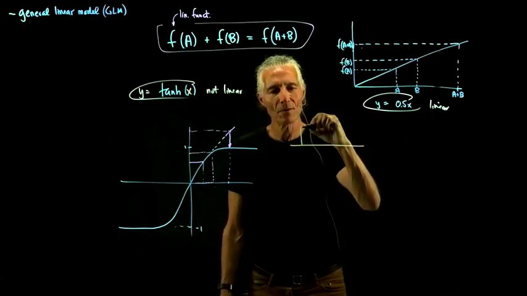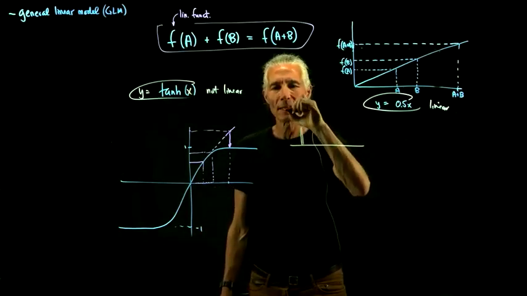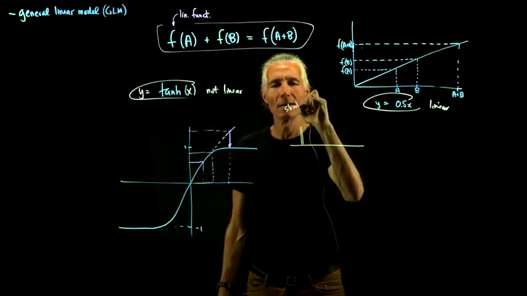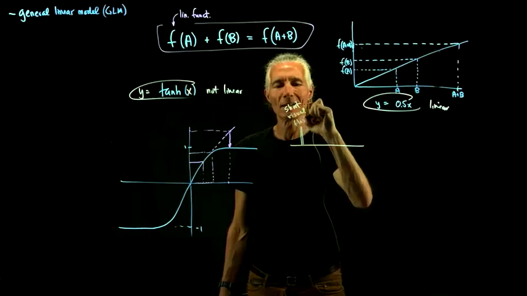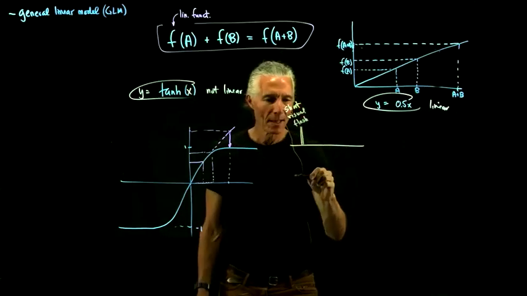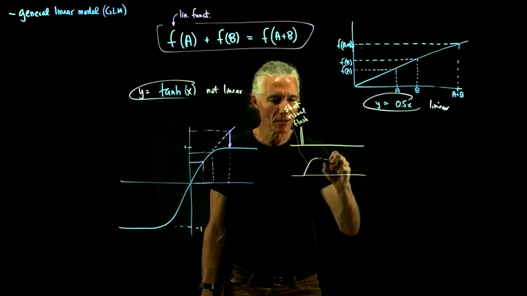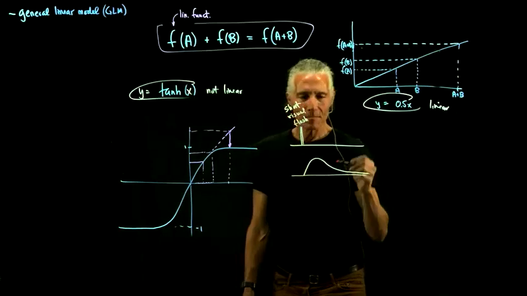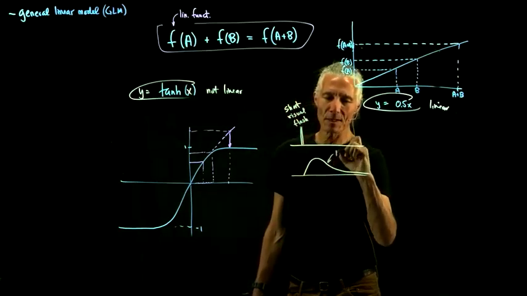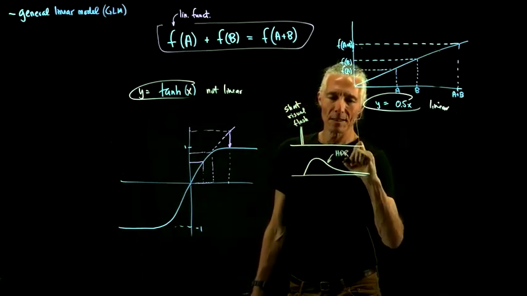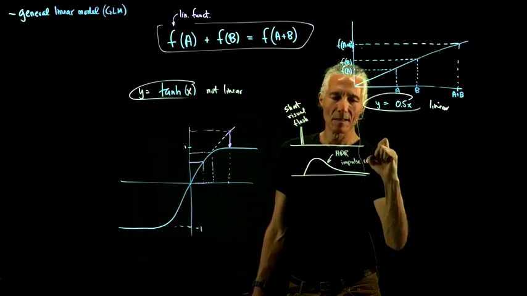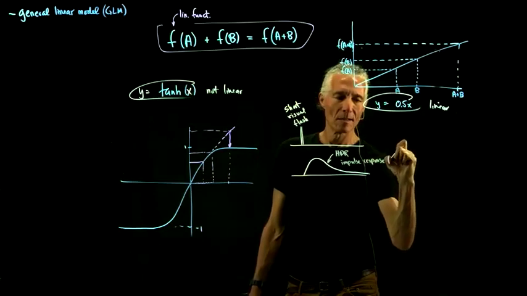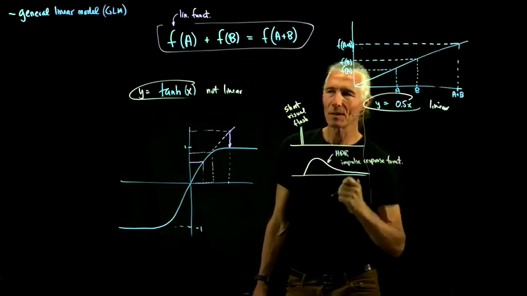So if you do a short visual flash, you could do that a whole bunch of times with a lot of space in between and measure the hemodynamic response function, which is our impulse response function. So that's an impulse response function.